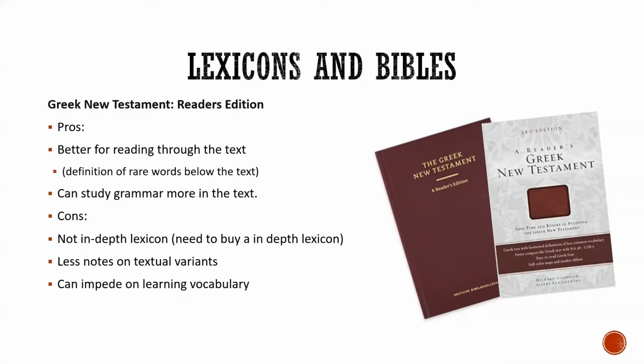Textual variants are different readings of the text. And last but not least, these reader's editions can actually impede learning vocabulary because they give you the deception that you can read the text without learning the vocabulary.